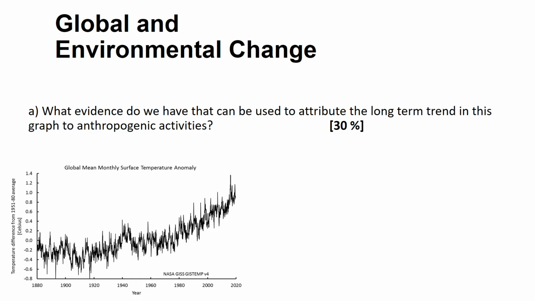Now that on its own is not evidence that anthropogenic activities are responsible for the temperature rise. It is part of the logical argument, but just by saying the temperature has gone up, anthropogenic activities have increased and we've burnt more fossil fuels, that doesn't actually prove a link between the two.